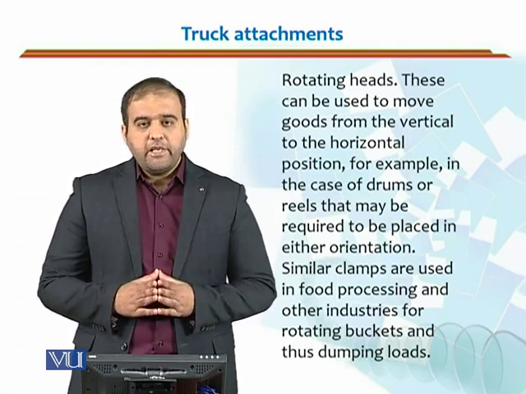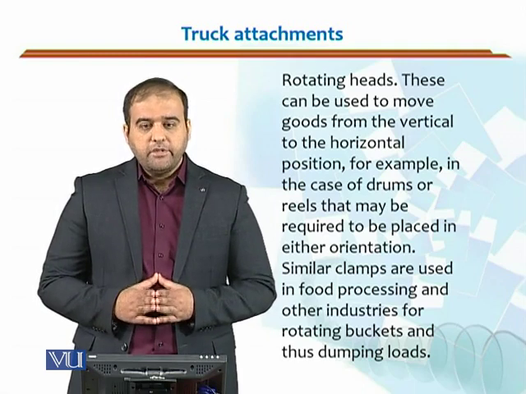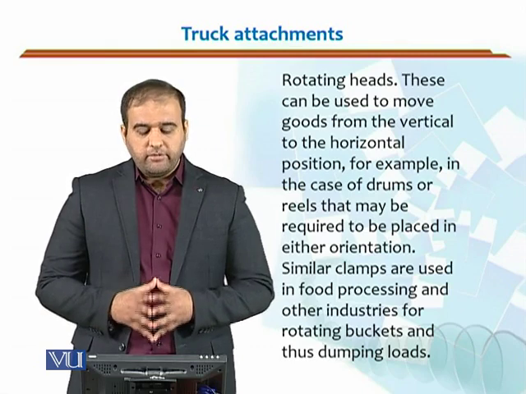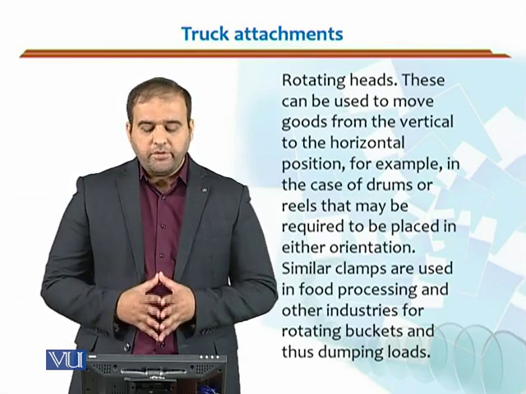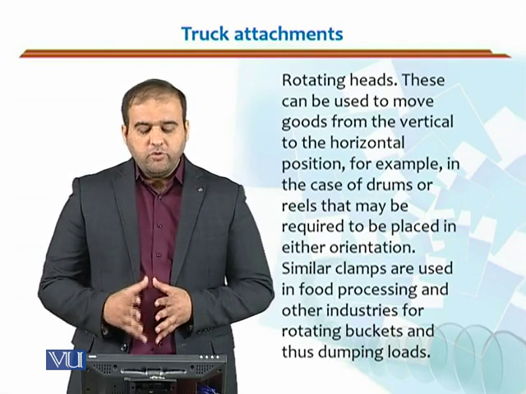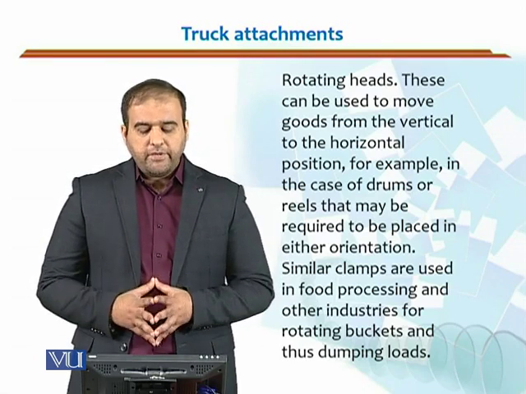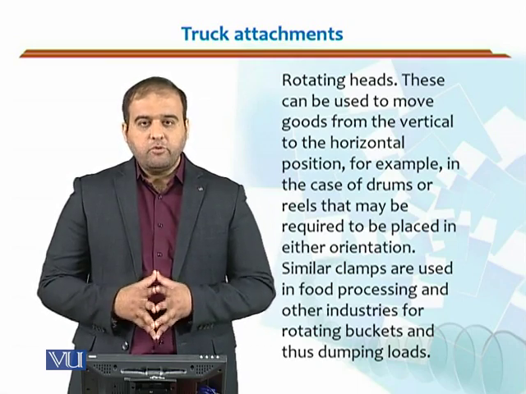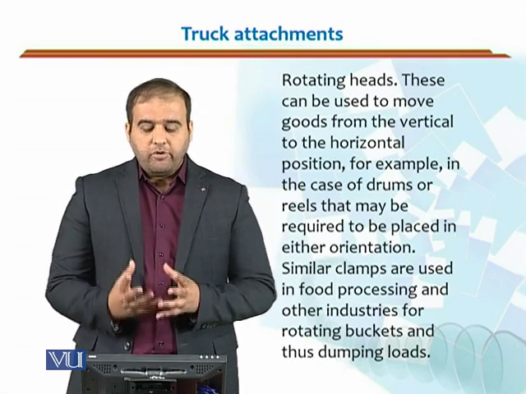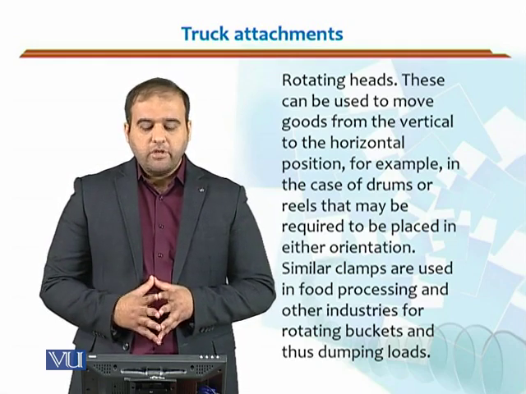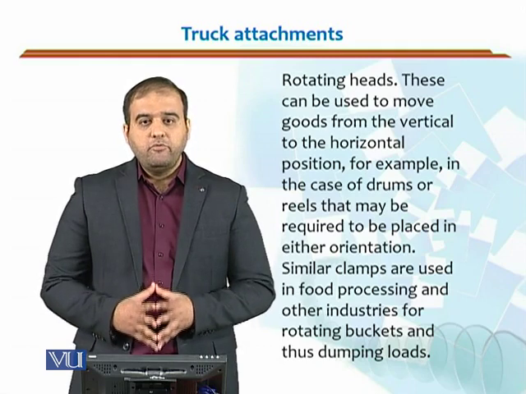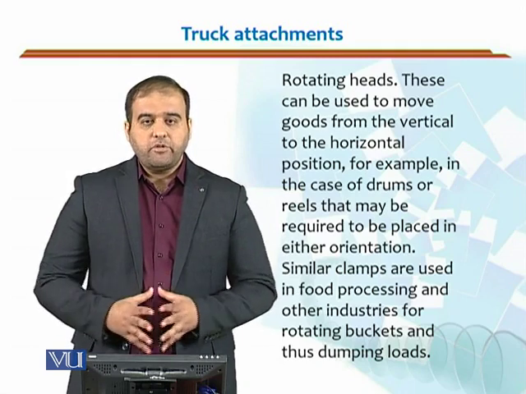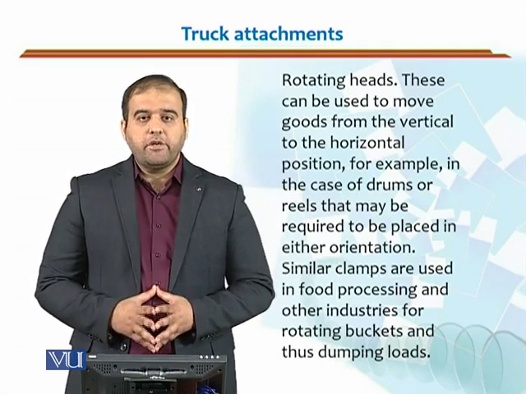For example, in the case of drums or reels that may be required to be placed in either orientation, either vertically or horizontally, similar clamps are used in food processing and other industries for rotating buckets and thus dumping loads. So rotating clamps or rotating heads of the clamps are used for different types of food processing items and also for rotating the buckets of food or different perishable products.